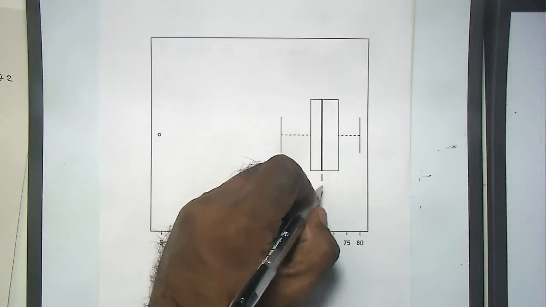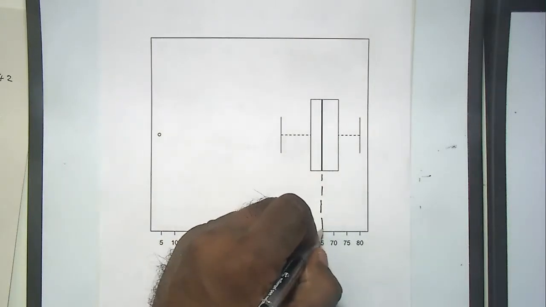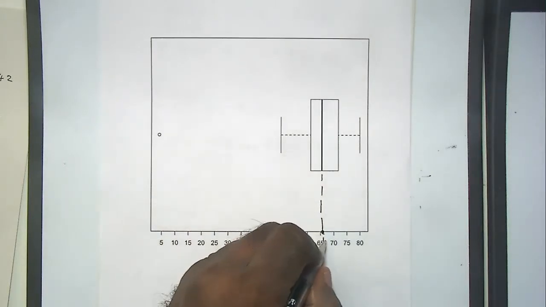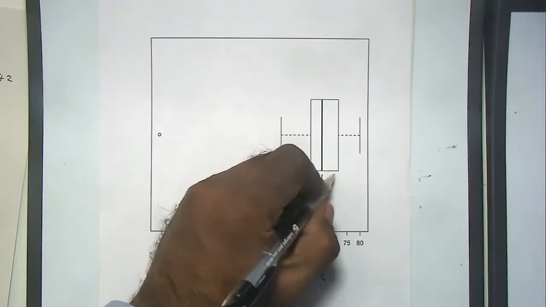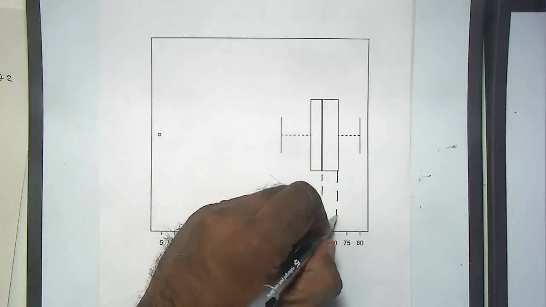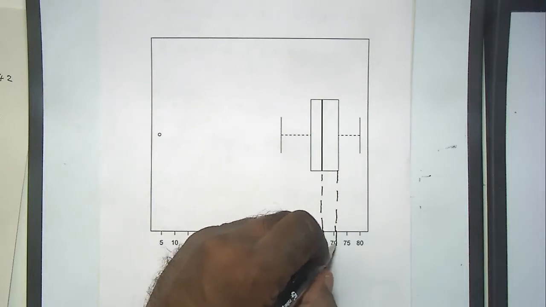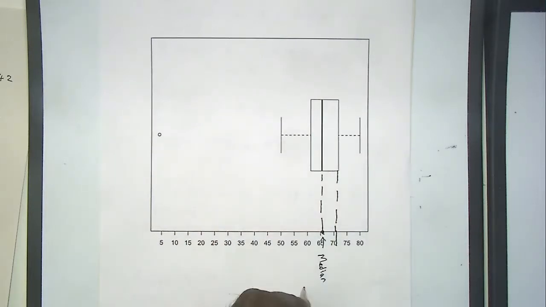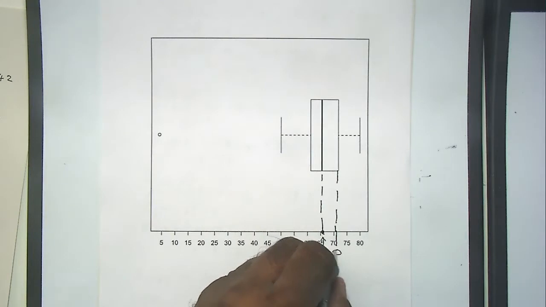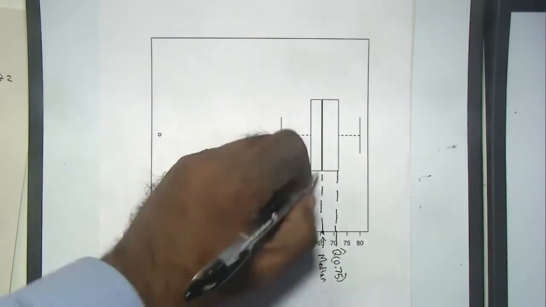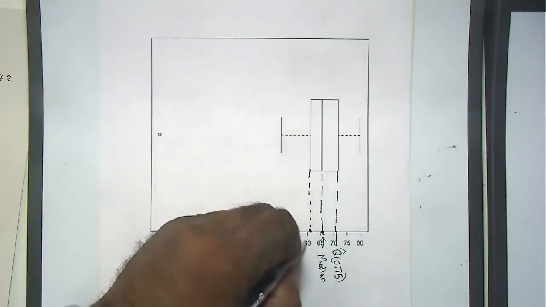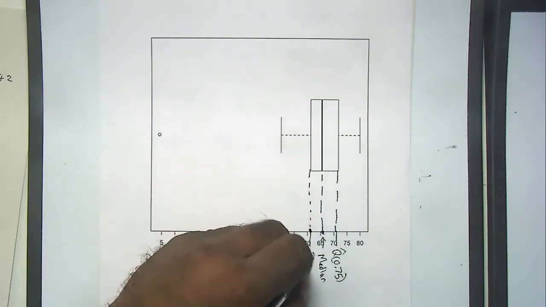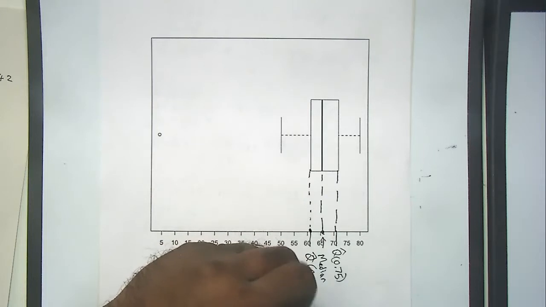The middle line is the median. This line here is the third quartile, Q at 0.75, and this line here is the first quartile, which is Q at 0.25.